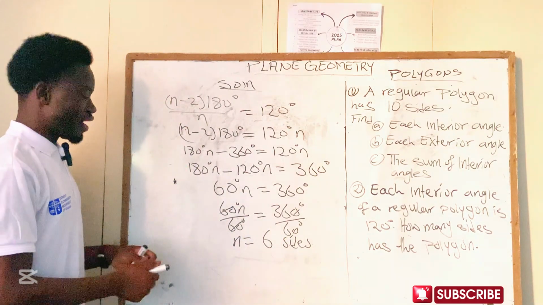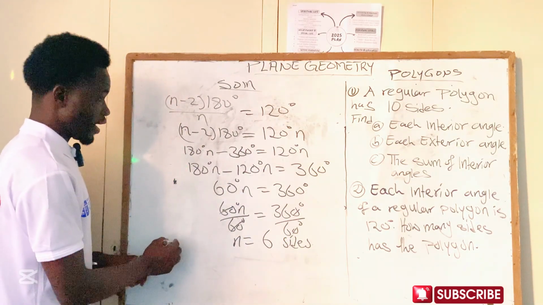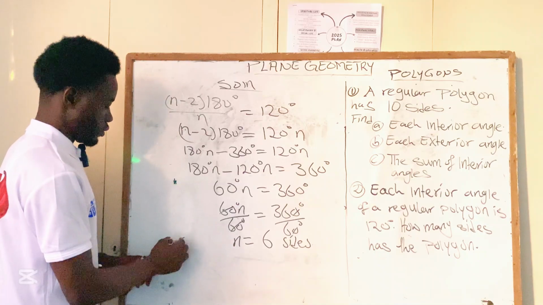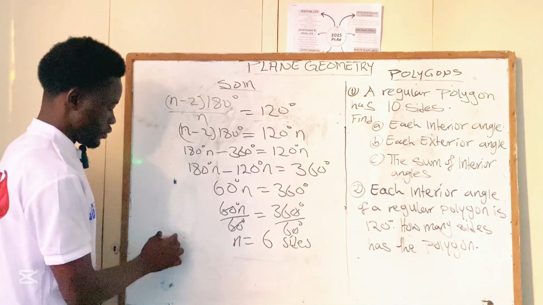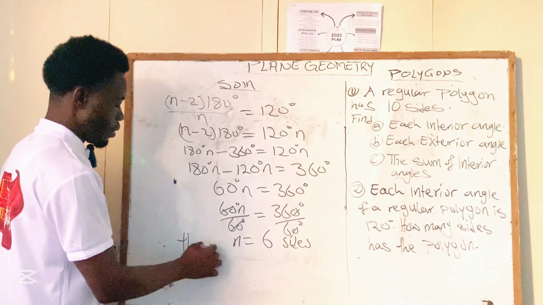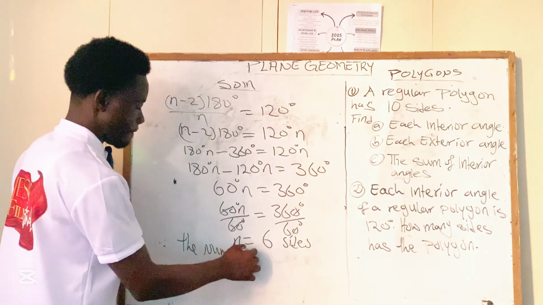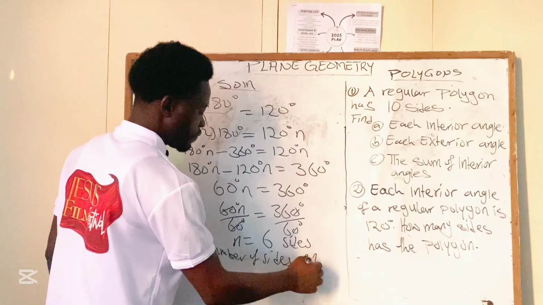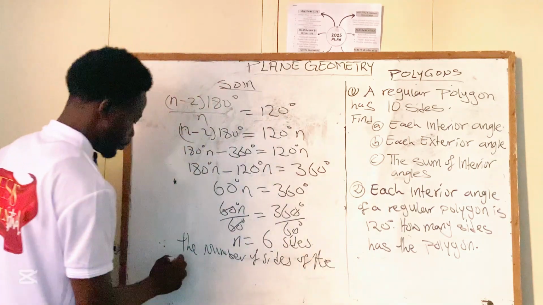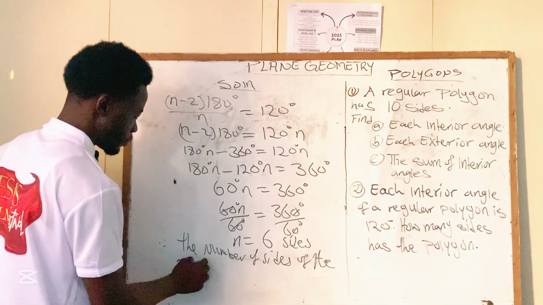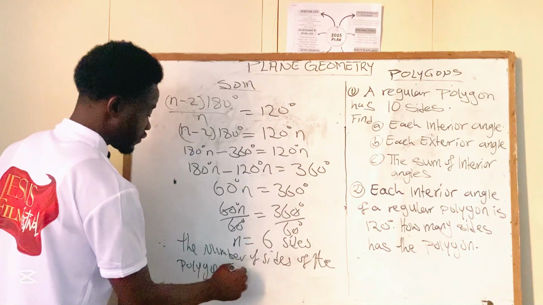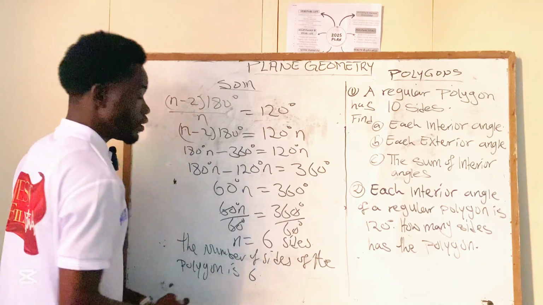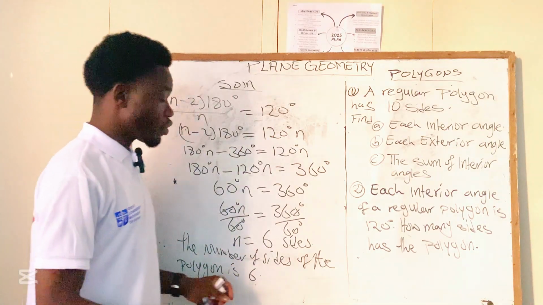So you conclude that the number of sides of the polygon is 6. Note again, it's very important to do the conclusion.